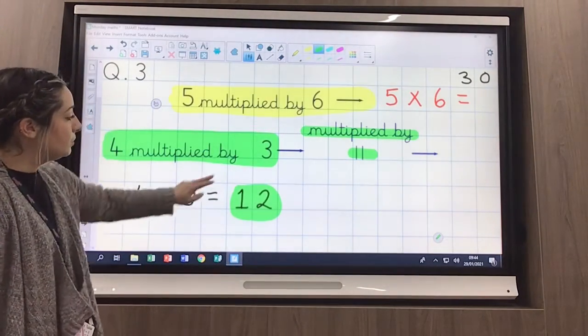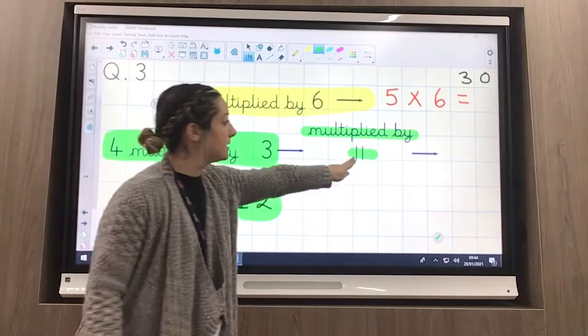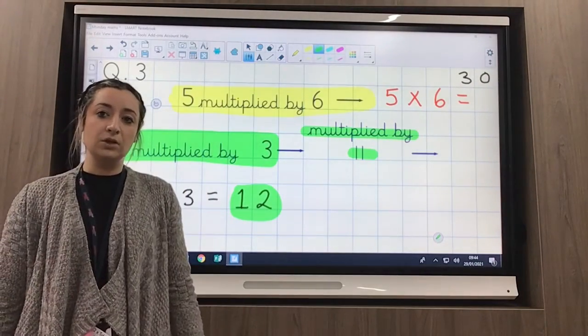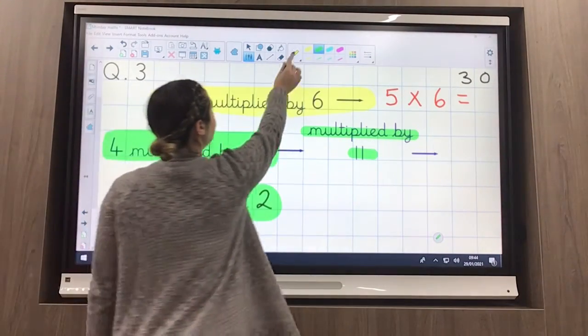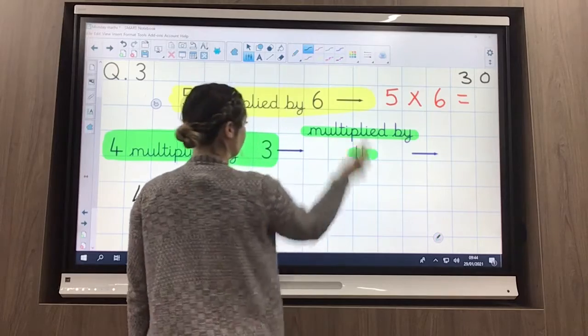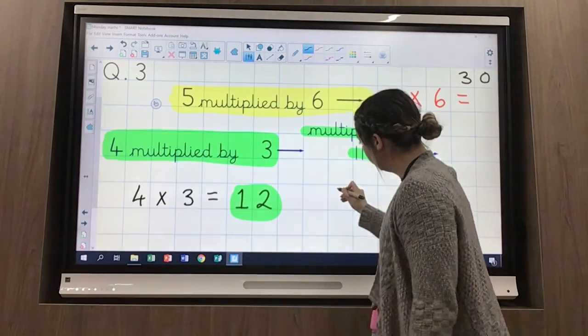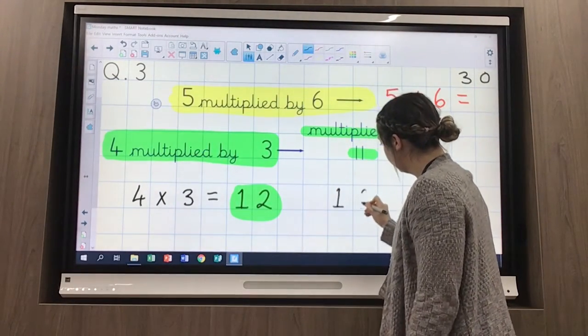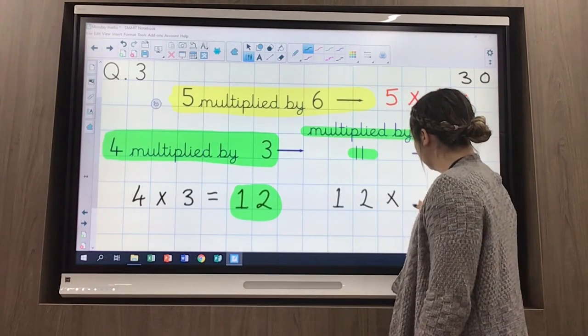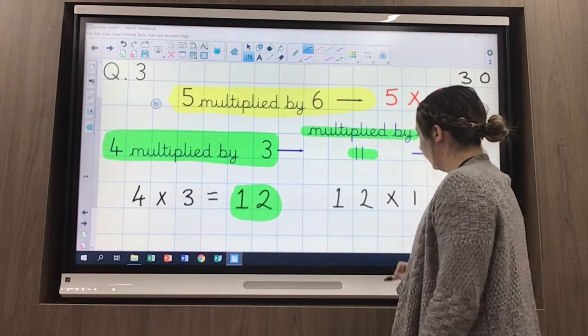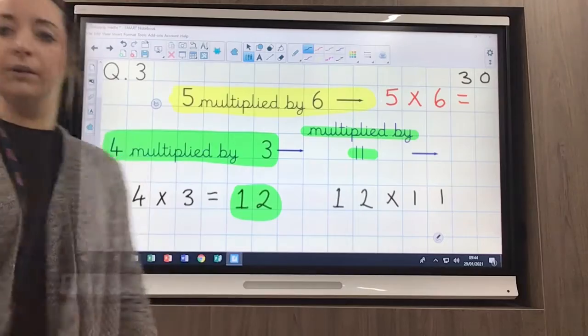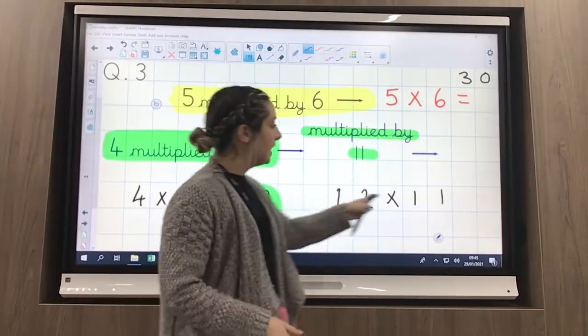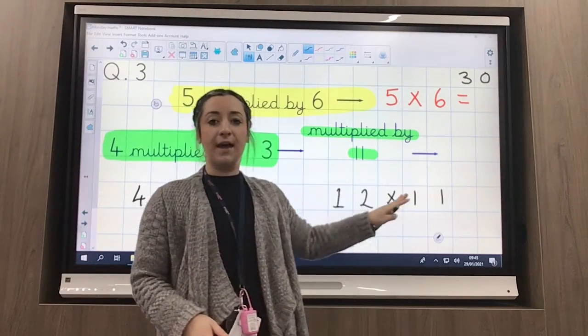So I need to do 12 times by 11. So we've got 12 times that by 11. Okay, so we're going to have a look. Same again, we would have a look at 11 squared, if that is easier for you.